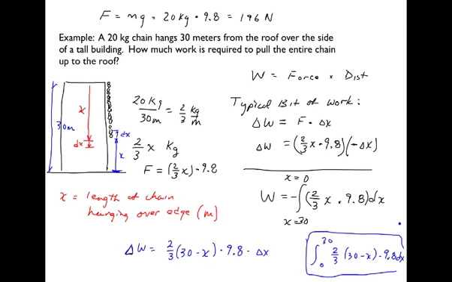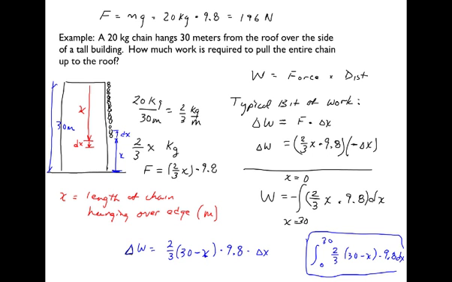That makes sense. So I think this is easier than trying to figure out what this x is. x is basically how much chain you've pulled so far, right? When you've pulled 0, you have a force of 30.